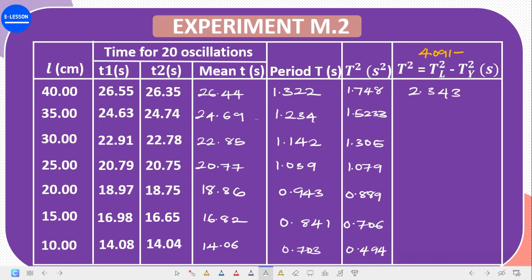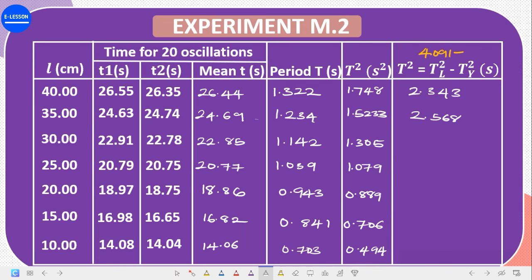Then the next one is 4.091 minus 1.523, which gave us 2.568.